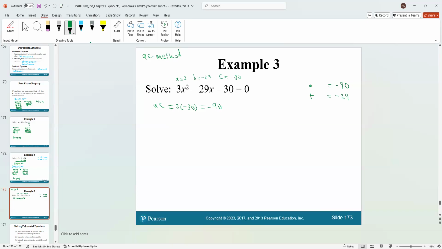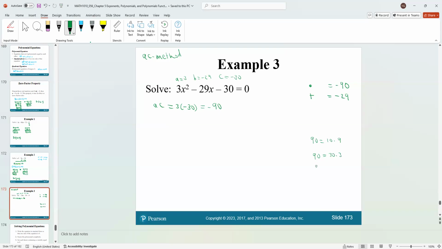We can try multiple ones. First of all, find all the factors of 90. If you have 90, you know 10 times 9 is 90. Or if you have 10 times 9, you have 30 times 3 is also 90.